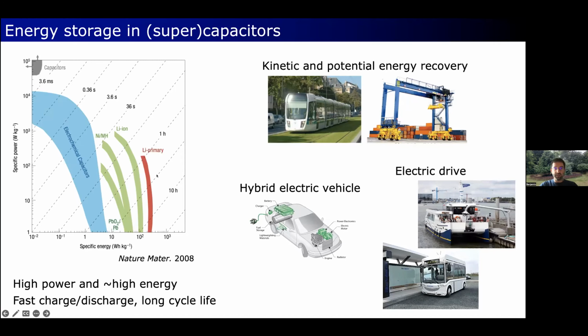Here, with high specific energy and low specific power, you have the batteries, whereas on the top left, you have capacitors, which can deliver a large power but store little energy. And the electrochemical double layer capacitors are somewhere in between.